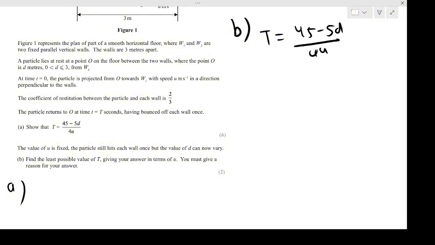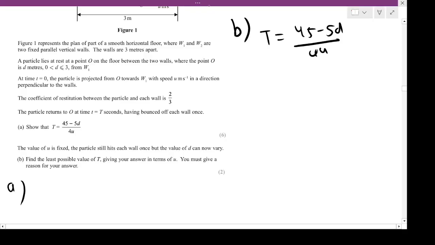If we cannot change u, we can only change d. Only d can vary in value. So what is the least possible value of the expression t if we can only change d? If we just stare at this fraction, you can see we need to increase d as much as possible, because we're going to be taken away by 5 lots of d.